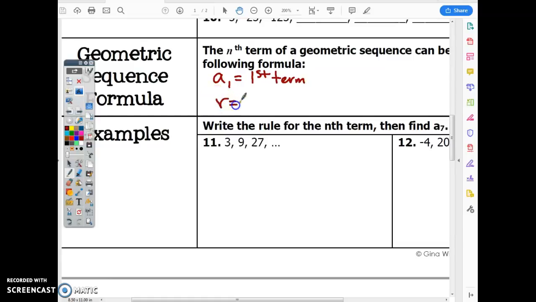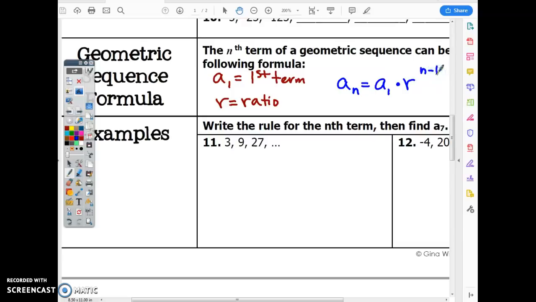R, we know it's the ratio. Okay, and we use that in the formula: A sub n equals A sub 1 times R, which is the ratio, to the n minus 1 power.